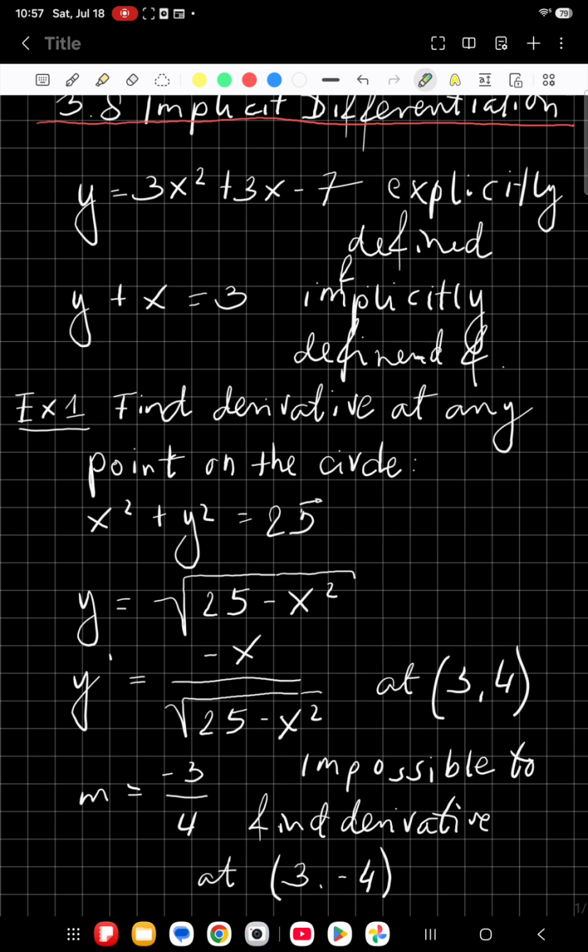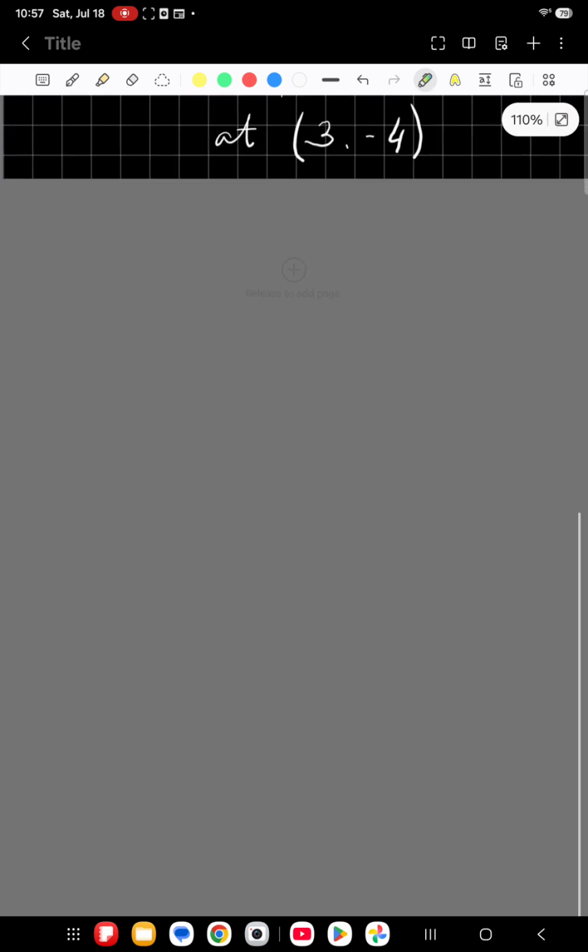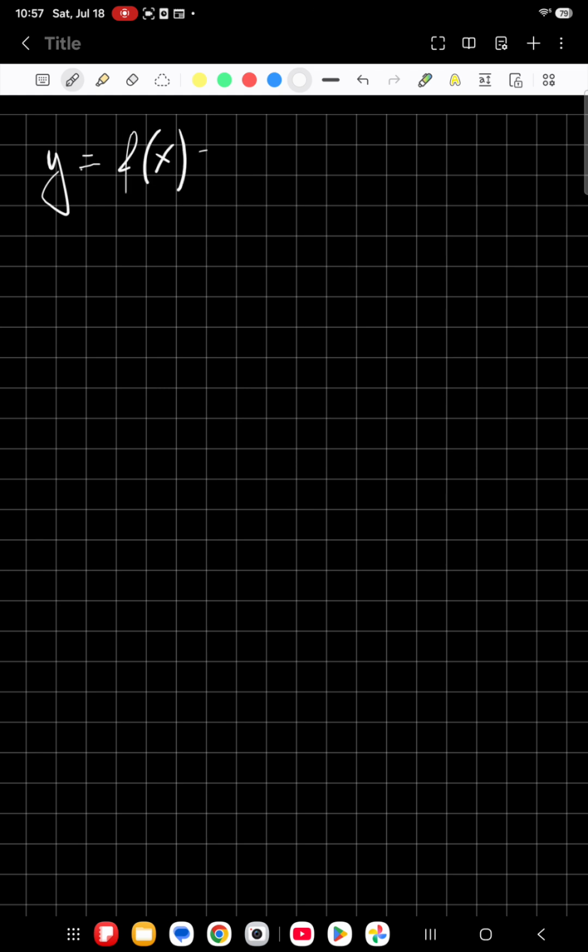But before we get there, let me give you a couple simpler examples of implicit differentiation. Let's say we have a function defined like this: y equals f of x, equals x cubed.